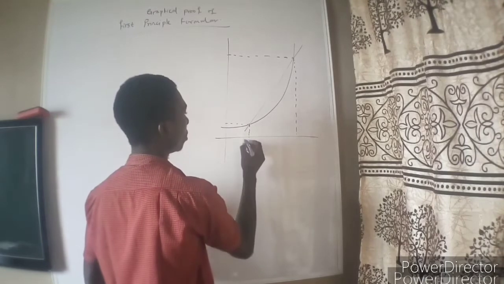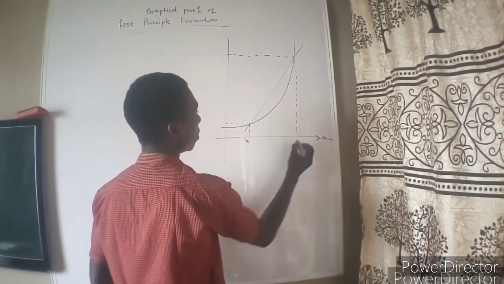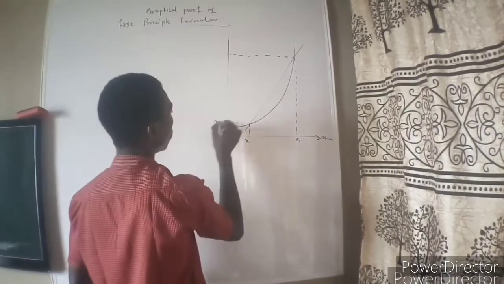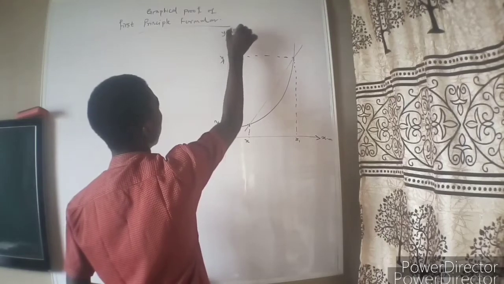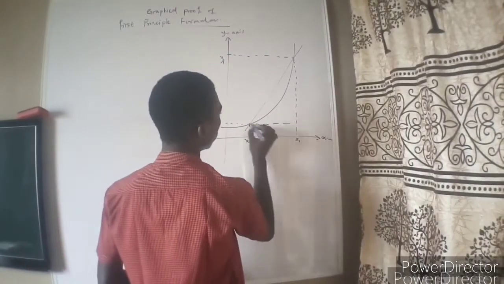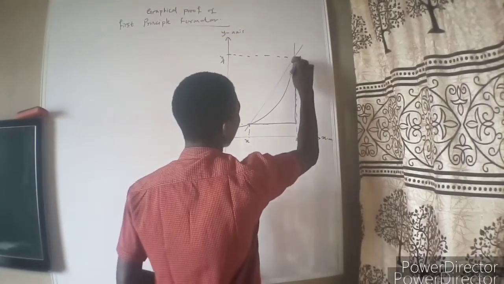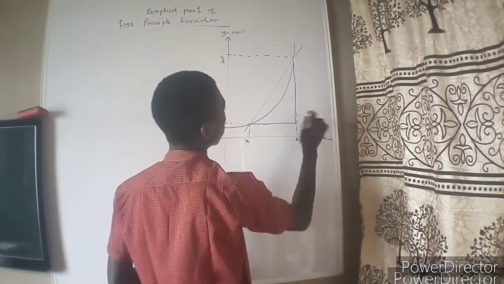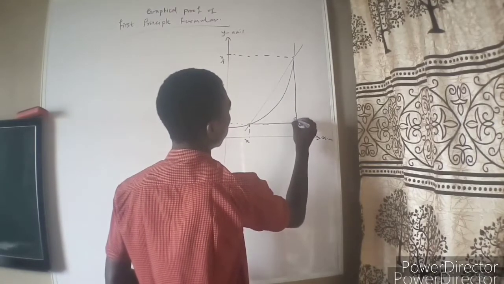Okay, my x here, this is my x axis. My x and my x1 here, then here my y and my y1. This is my y axis. So if this continues like this, we have a straight line making a right angled triangle.